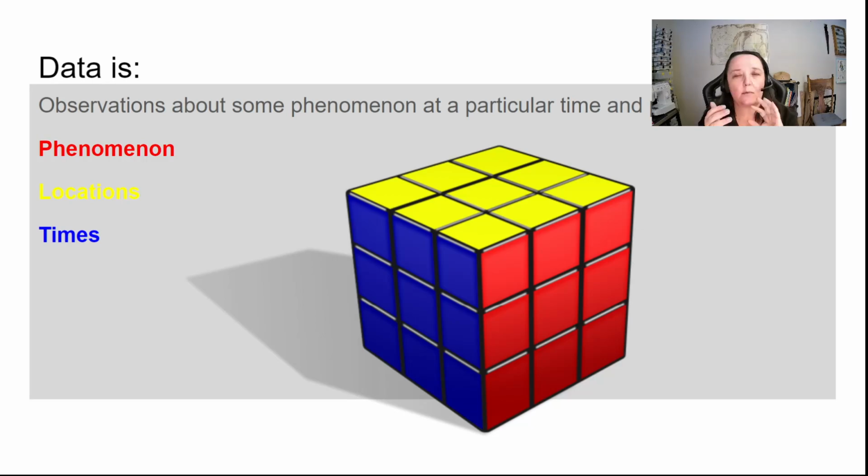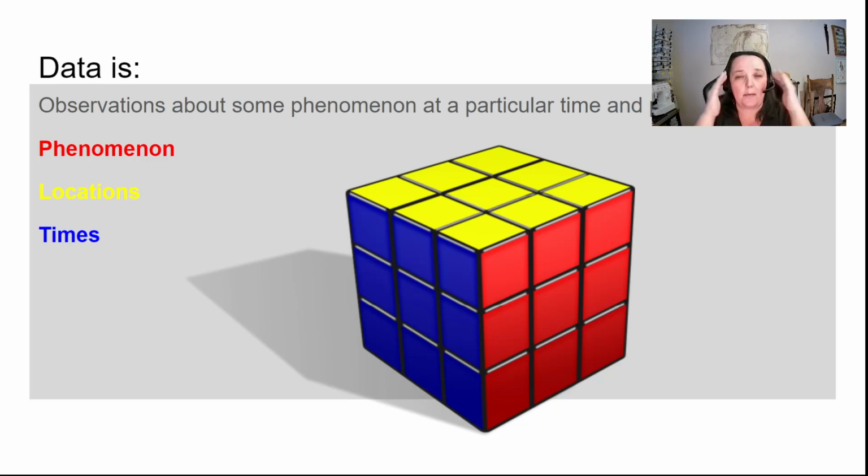So that's the attribute data. Maybe we're observing cats. So we record information about cats. If there's something going on that isn't cat related, we don't record those observations because the phenomenon we're interested in is cats.